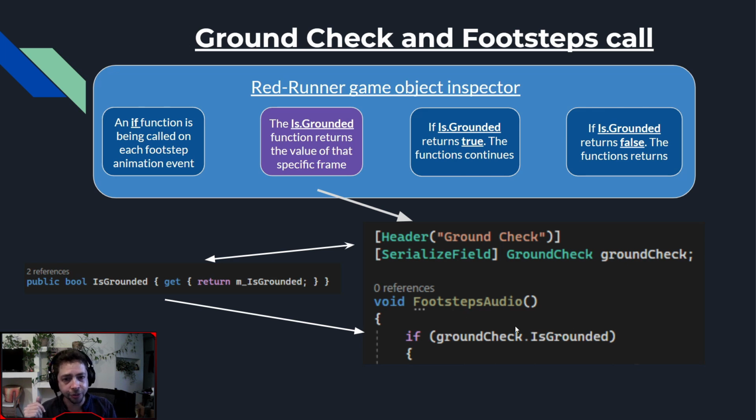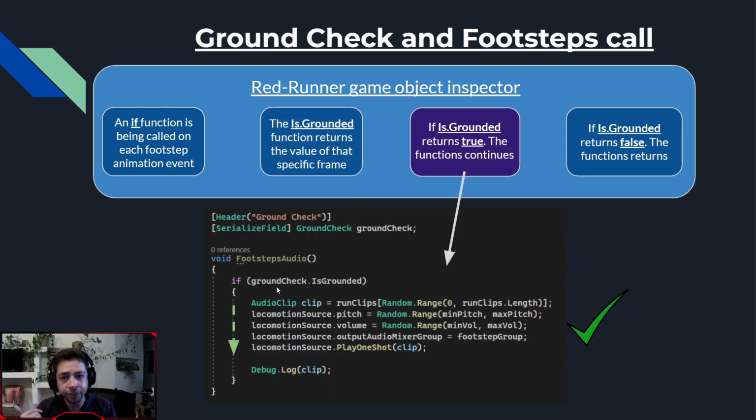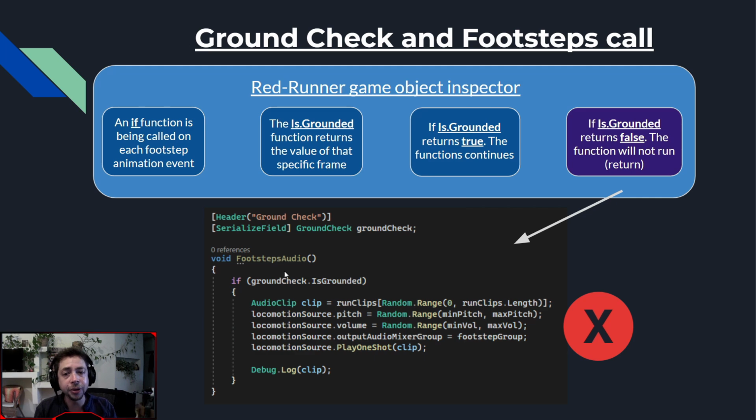All right, so the if function calls this function on the GroundCheck script, and on that specific frame that it's being called, it's going to retrieve the true or false value. And let's say we have the true value being returned. We're going to go through the whole function here with the whole audio clip array and everything we talked about. But if we get a false, then the function returns, or in other words, just will not run through here.